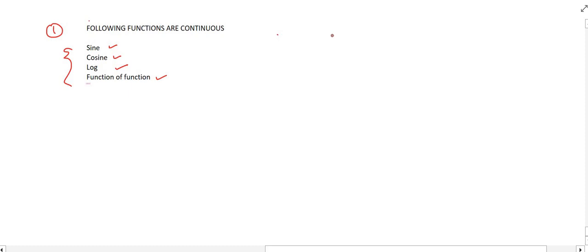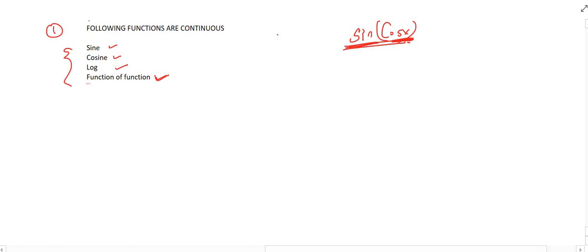So if they have given, say, sine of cos of x function, okay, so this will be a continuous function because sine function itself is a continuous function and cosine function is also a continuous function. So sine of cosine will also be continuous because function of function is also continuous.